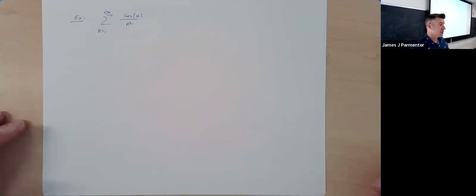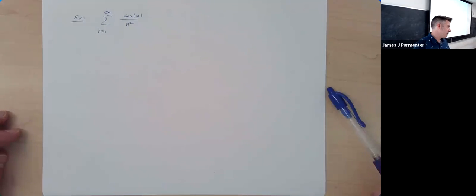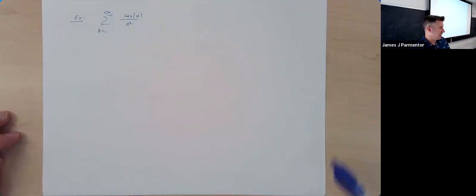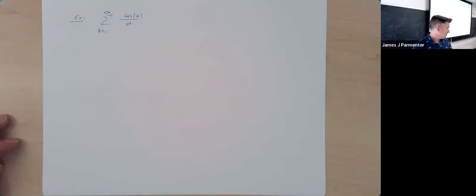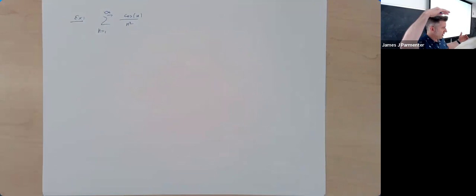Cosine of n is certainly not alternating, but it is something that changes signs. It's positive and negative and negative and negative and positive, right? It's all over the place. If you think about the graph of cosine, you'd have positives and negatives.